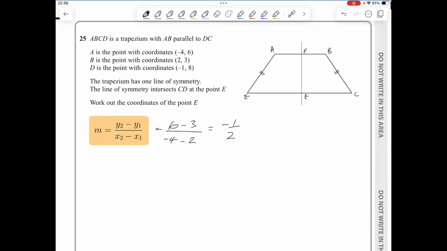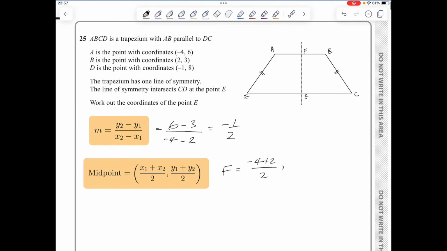Then I will find the coordinates of point F, which is the midpoint of AB. I will use the following formula. So F equals minus 4 plus 2 over 2, comma 6 plus 3 over 2. Simplify this and you'll get minus 1, 9 over 2.